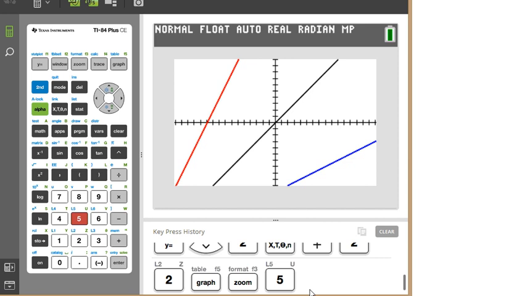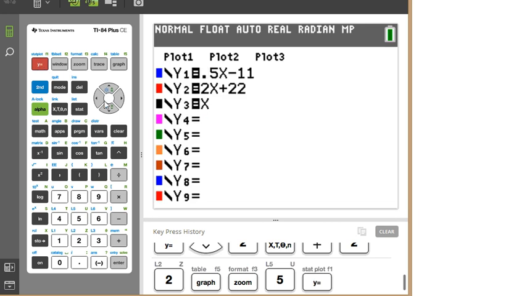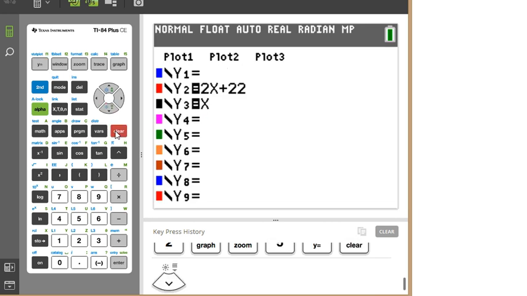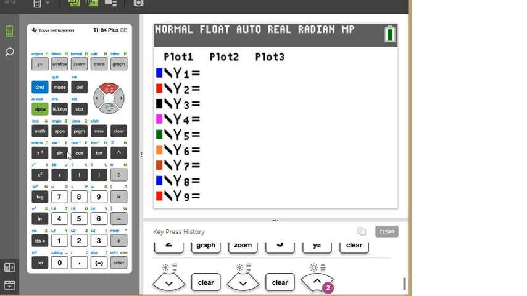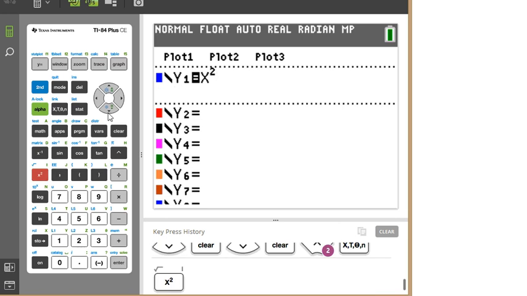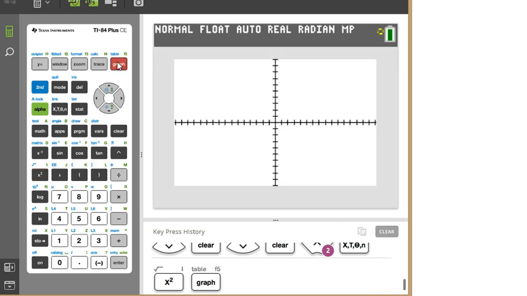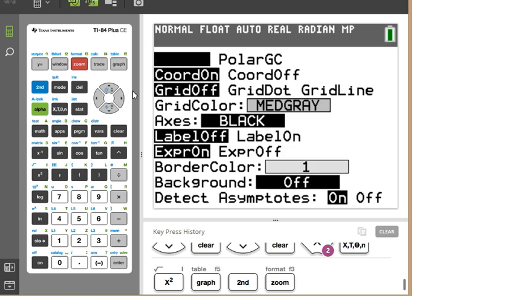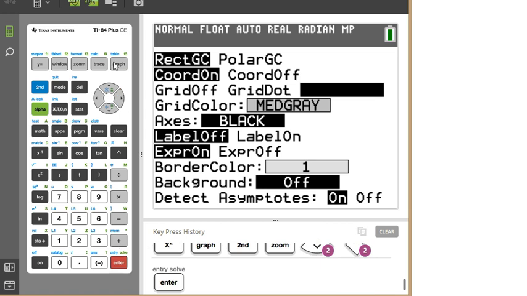We go here and we put in x squared, graph. There we have it, x squared. And I'm going to get the second format and put this on the line so we can see that a little better.